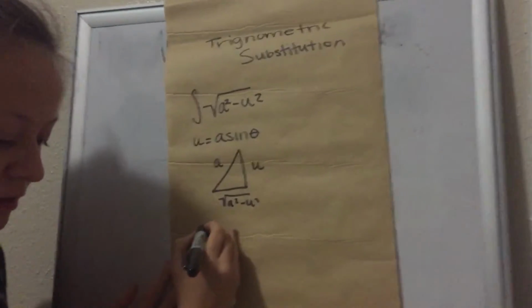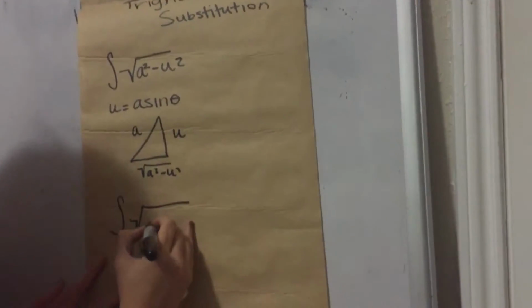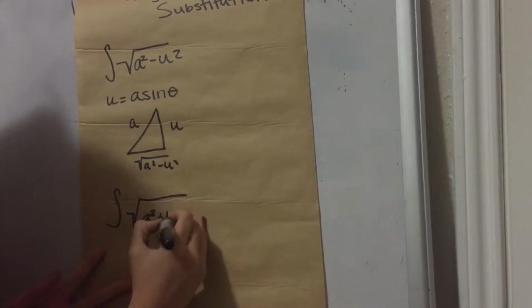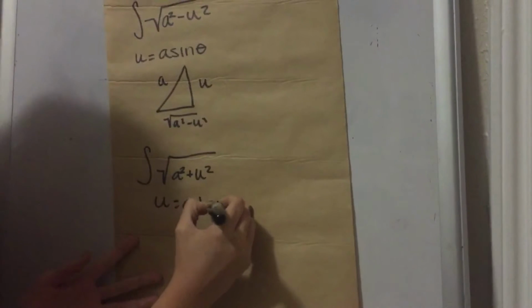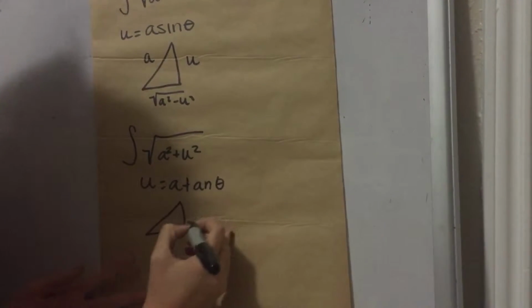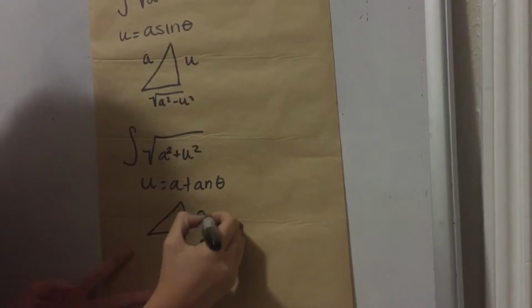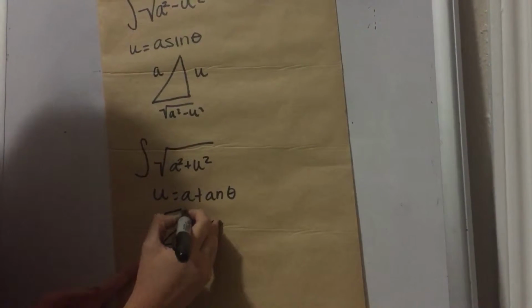Another example would be where your integral is a squared plus u squared, where u is equal to a tangent theta. Once again, you draw your triangle, and you have a over u, a squared plus u squared.